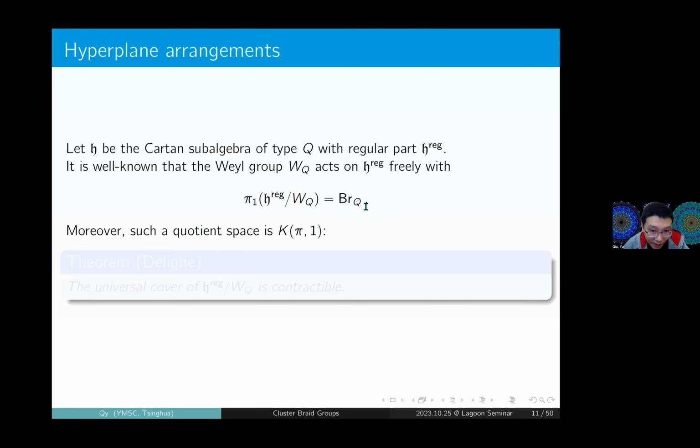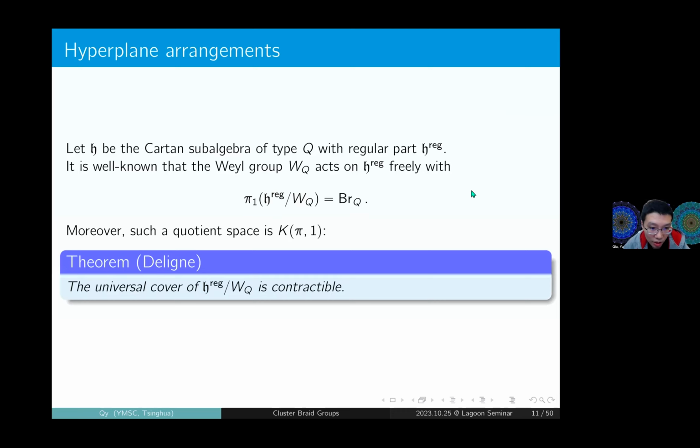And this is related to a conjecture known as the K(pi,1) conjecture, which is just saying that for this space, the universal cover is contractible, meaning that the homotopy type of this space is determined by its pi 1.